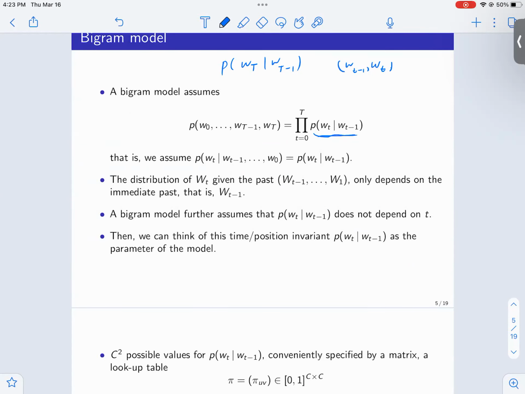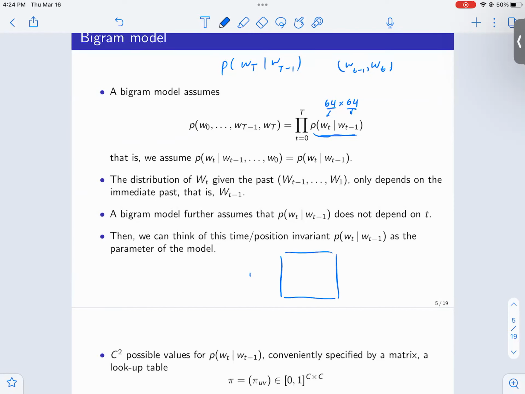Then you really have a 64 by 64 matrix. I just have to specify the probability of observing any of the 64 words that come next, given any of the previous 64 words. So you can encode this by a matrix, basically.